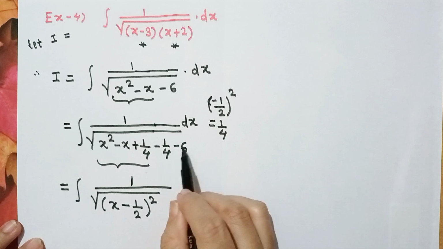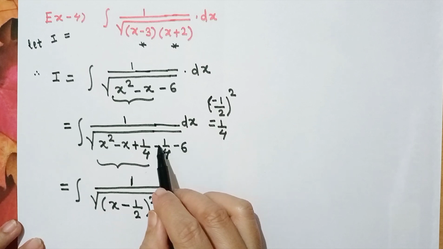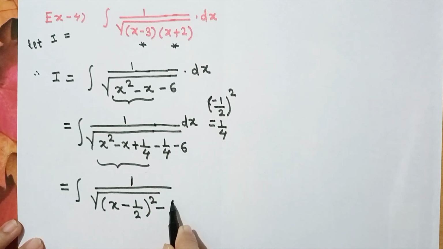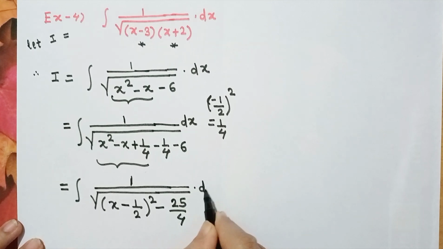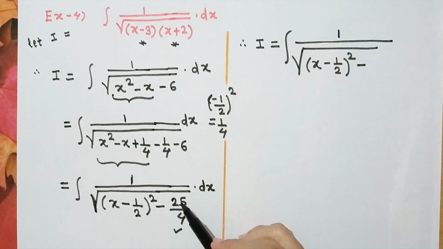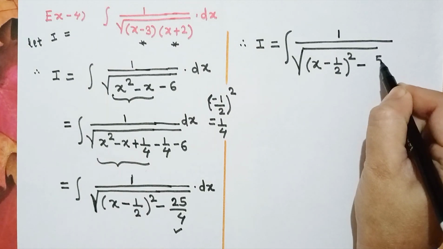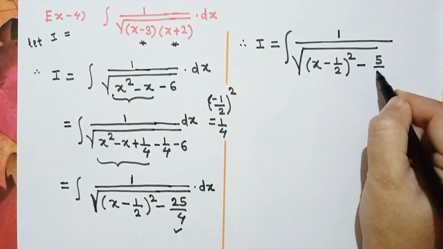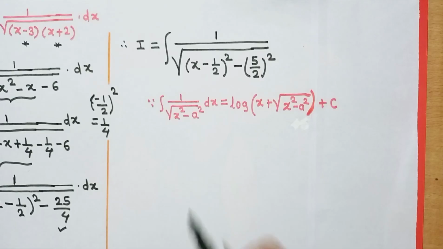Now solve this. 6 4s are 24, minus 24 minus 1, minus 25 upon 4, and here dx. Now we will keep this term in complete square form. The square root of 25 is 5 and this is 2, its square.